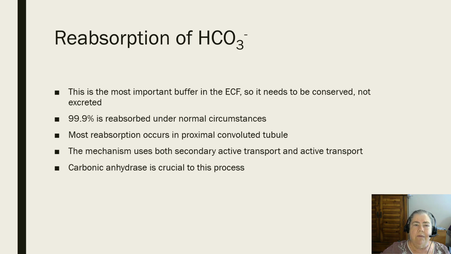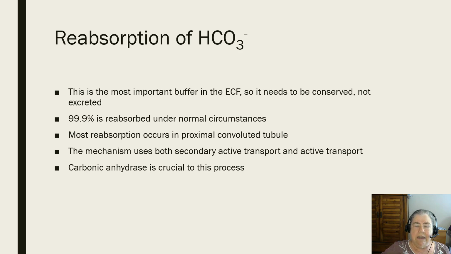So if bicarbonate is the most important buffer in the extracellular fluid, it's really important to hold on to it. So we reabsorb virtually all of the bicarb that's filtered at the glomerulus, and much of it is reabsorbed in the proximal convoluted tubule. And we touched on this briefly when we were going through the proximal convoluted tubule.